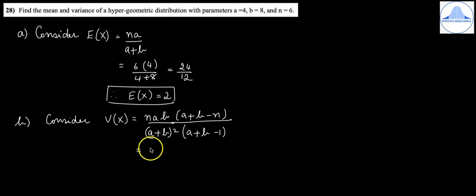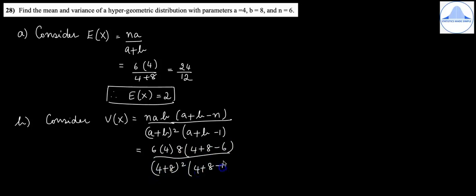So this is equal to 6 into 4 into 8 into 4 plus 8 minus 6 divided by 4 plus 8 the whole square into 4 plus 8 minus 1.